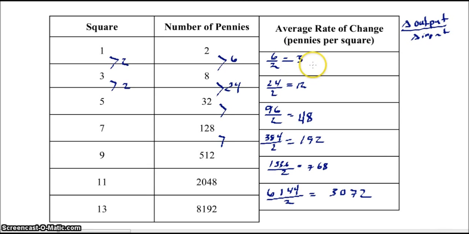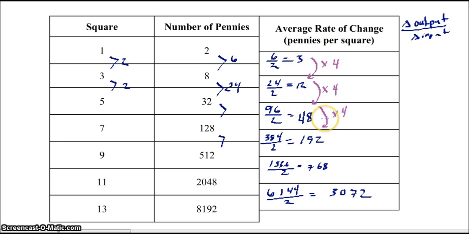Let's see. I think I noticed something. We multiply by 4 to get to each new value. That tells me that we have exponential growth. Is the 4 the 2 unit or the 1 unit?